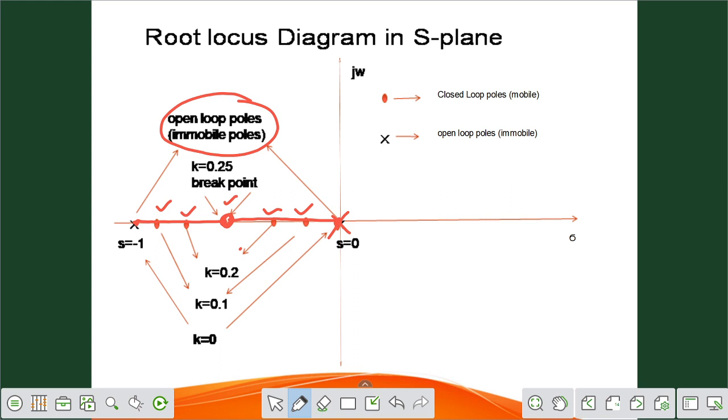It will decide the direction of the root locus, how it will come. After learning the different rules and regulations of the root locus diagram, we can easily make it. But actually, even without knowing the definite rules and regulations, I can make the root locus diagram. That is actually what I mean.